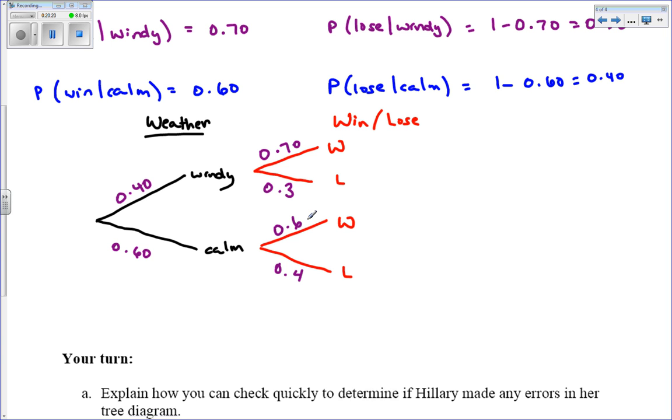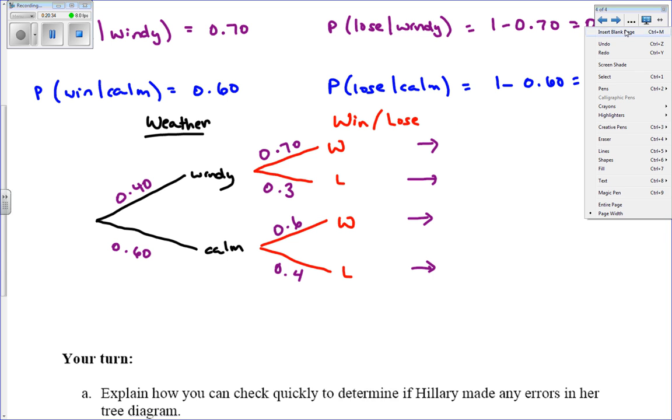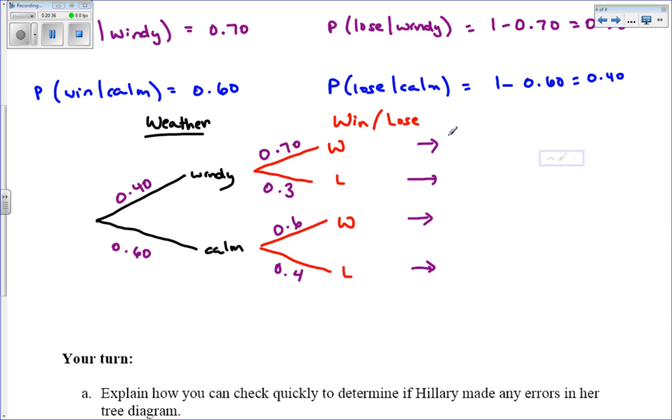So then what we can do here is figure out what these probabilities are. The probability of windy and winning is 0.4 times 0.7, which is 0.28.